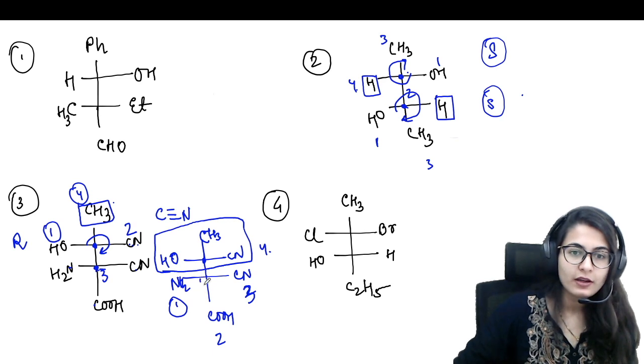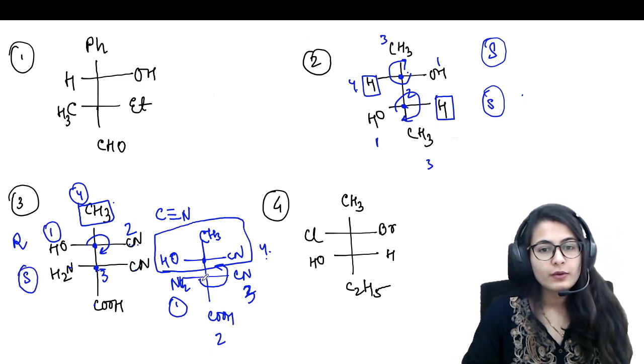Okay, so we see 1, 2 and 3 is anti-clockwise and we have 4, so this is going to be S. All right, 1, 2, 3 anti-clockwise and on the vertical position, so vertical anti-clockwise is still S.